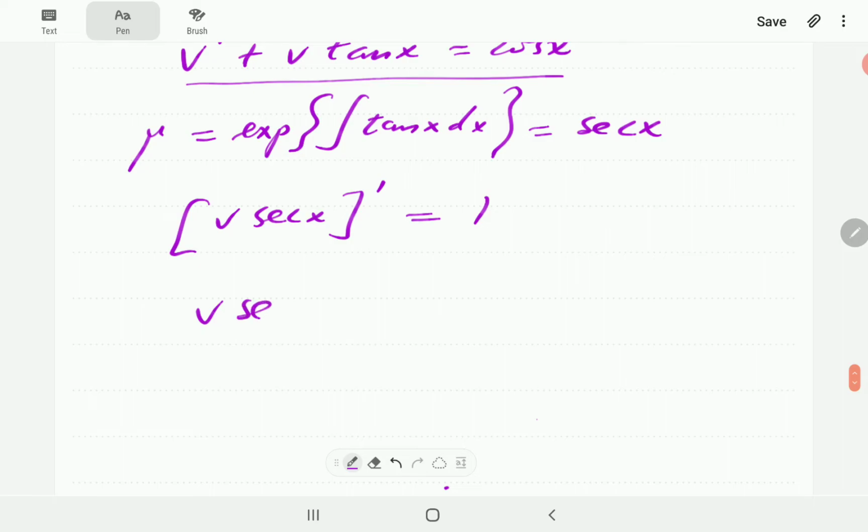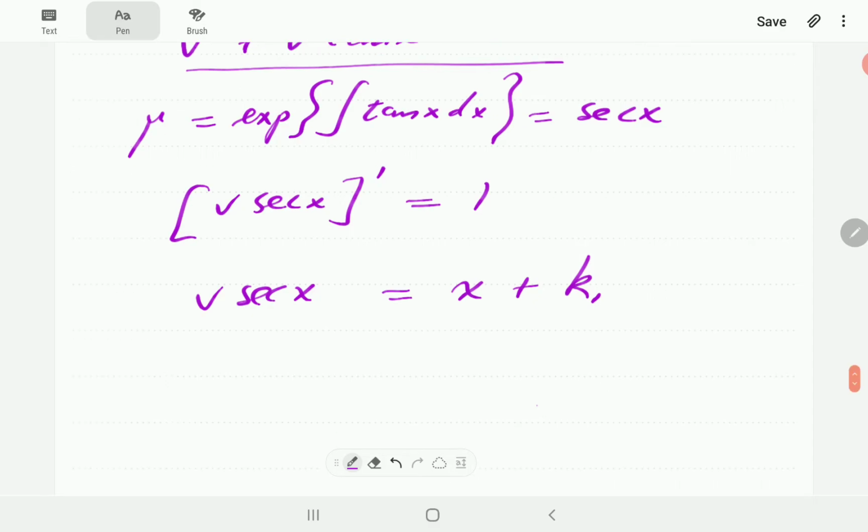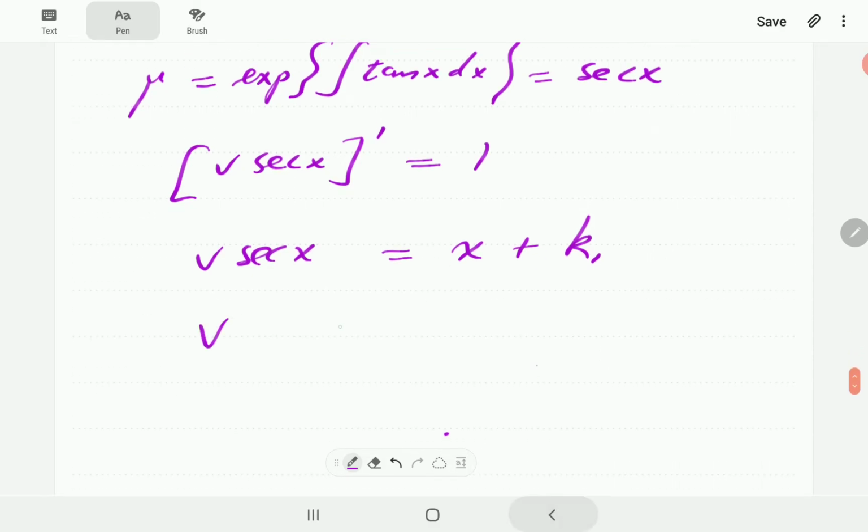So we've got v secant x is x plus k1. Then we can make v the subject of the formula here. It's going to be x plus k1 times cosine x, but v is y prime.